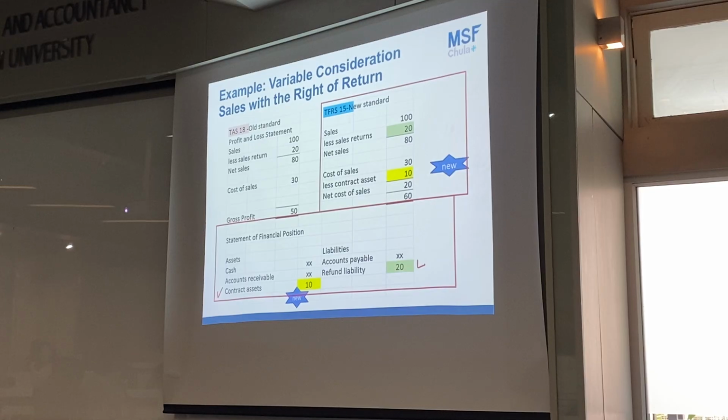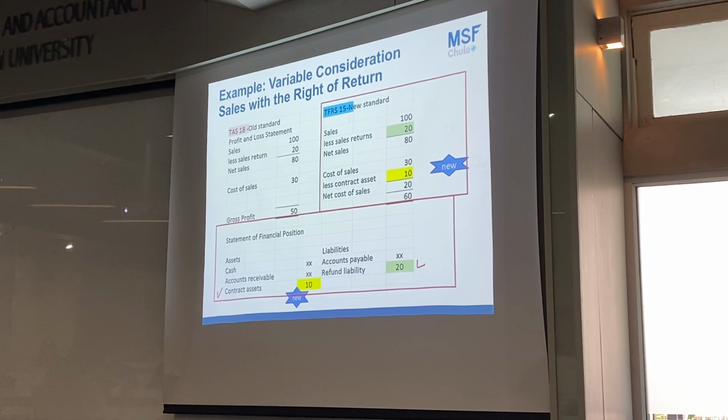So let's say you sell at 100, you have to estimate how much the customer will return. So if you estimate 20% return, then you have to subtract the sales return amount from your total sales and show net sales of 80 on day one.